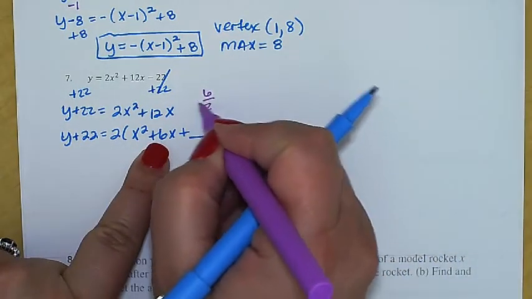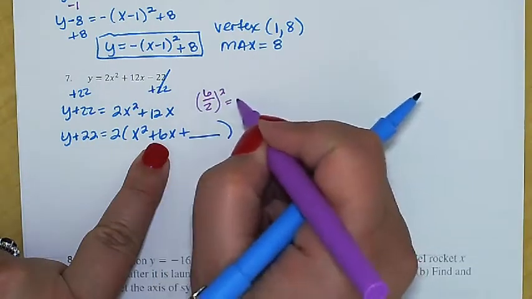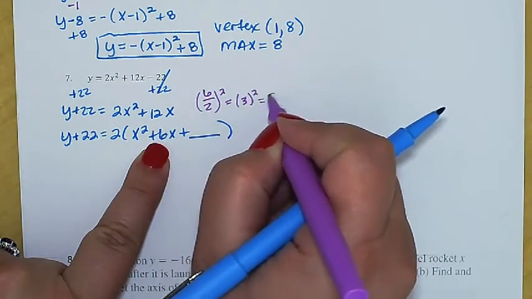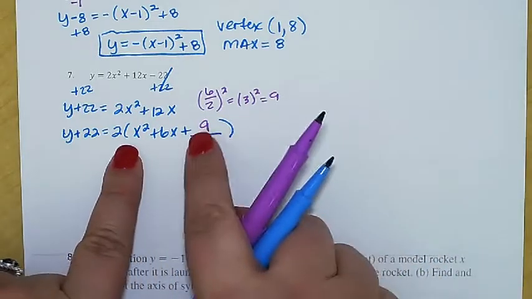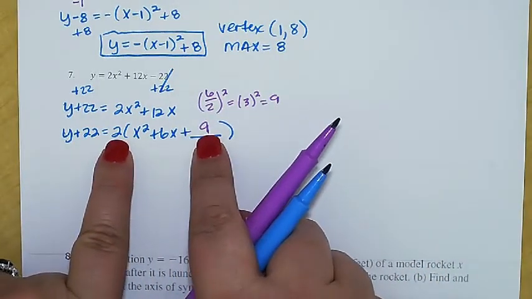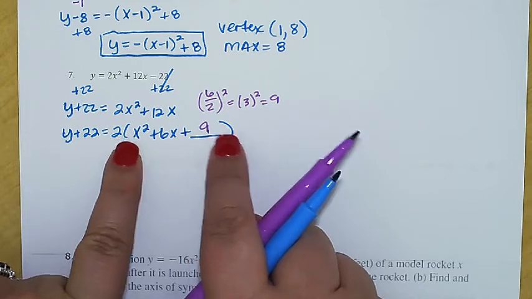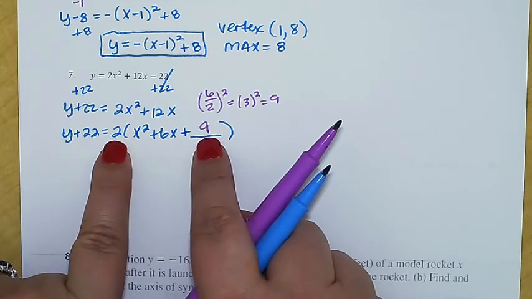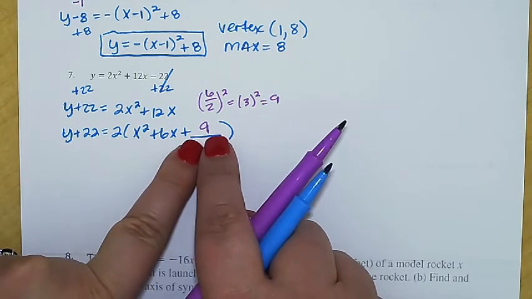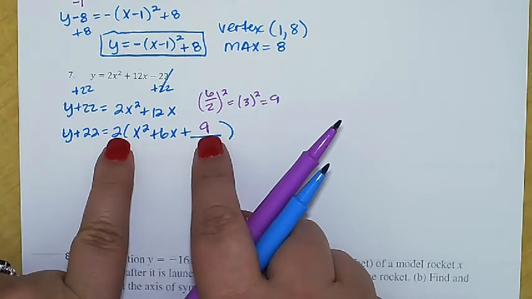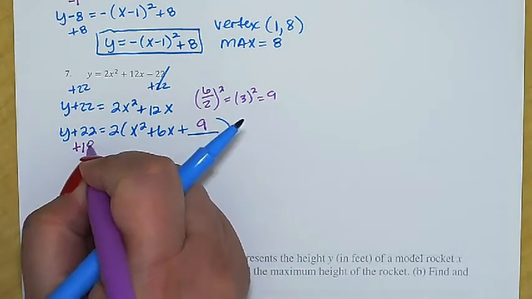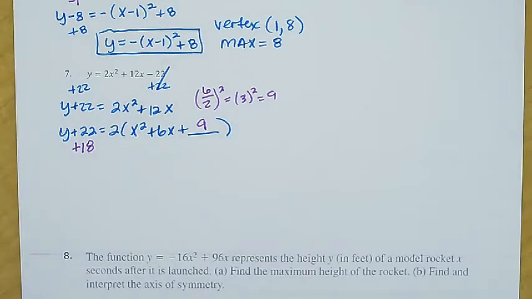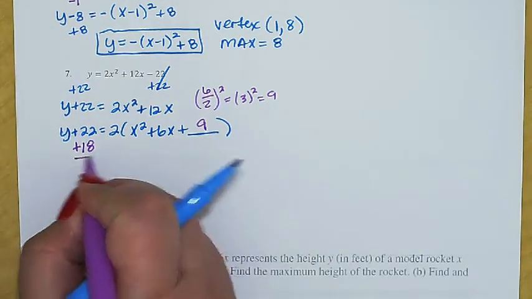So to complete the square, we'll take that 6 divided by 2 and square that, which is just 3 squared or 9. So I want to add a 9 here, but again, it appears like a 9, but it really isn't. It's an 18 because this entire quantity is being multiplied by 2. So even though it looks like a 9 in the parentheses, it's really 2 times 9, which is an 18. So on the other side, I want to make sure that I respect and honor that with that 18 there.